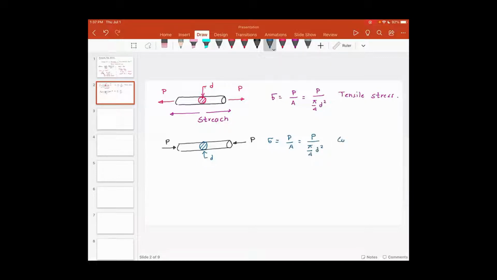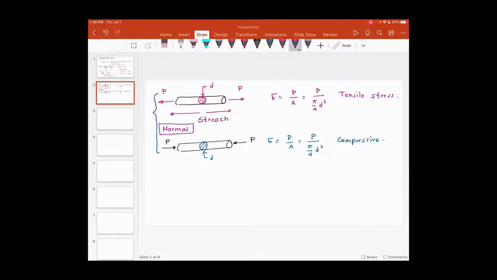This is compressive. And at this point, I just want to tell you that these two stresses are part of the normal stress. And why is it normal? Because the load is perpendicular to the area.